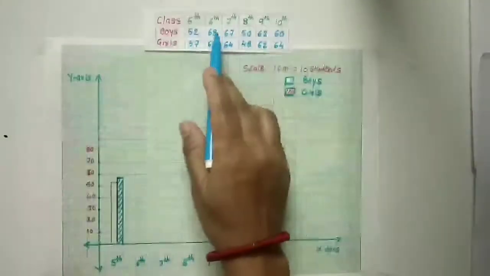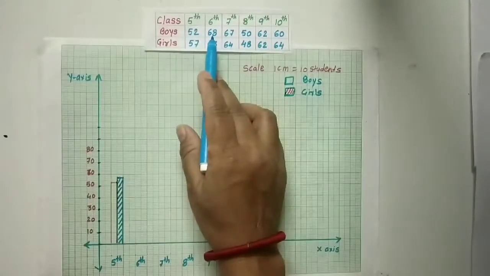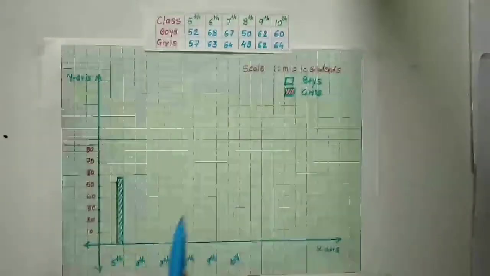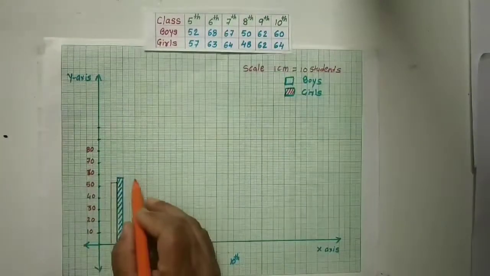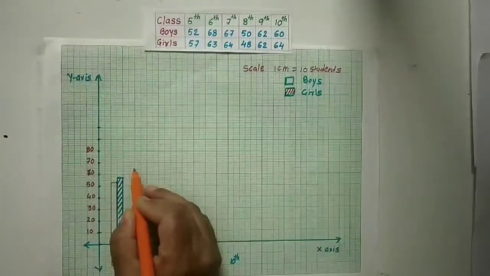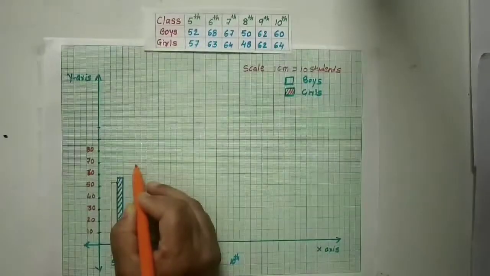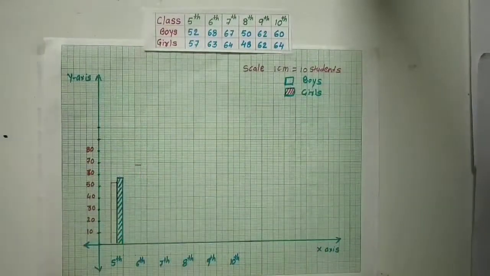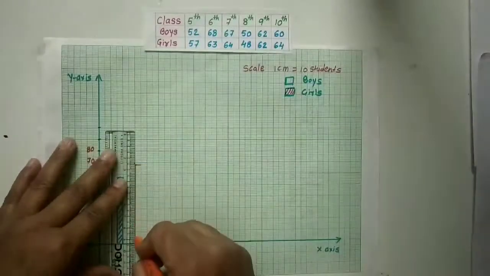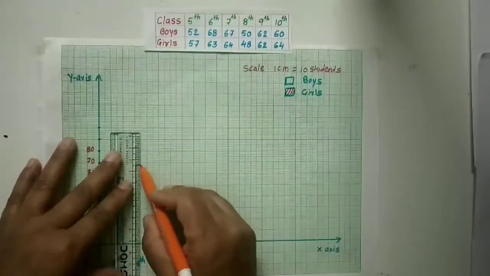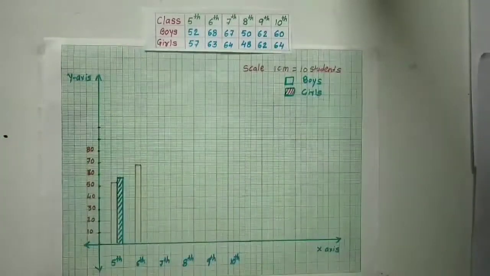Same like that. Next class, 6th standard, 68 boys and 63 girls. 68 boys. Here is 60. Then 68 over here. 68 boys. Students, once again I am telling you, don't use colored pens, sketch pens.